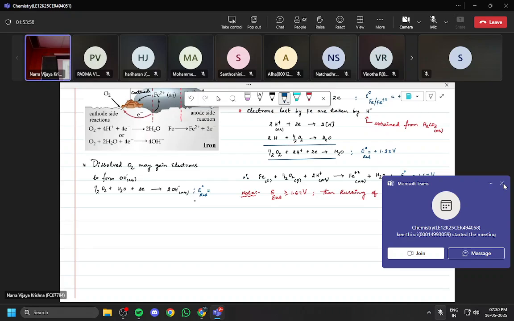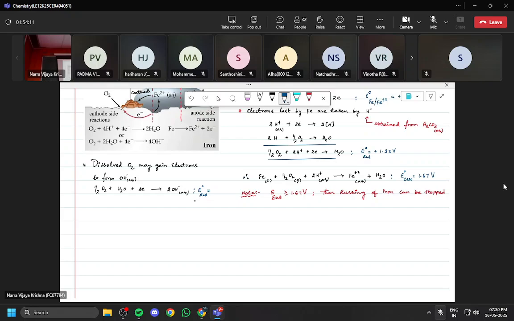Observe this one. Which one? Both first. How much? They have given only H plus. Correct now?